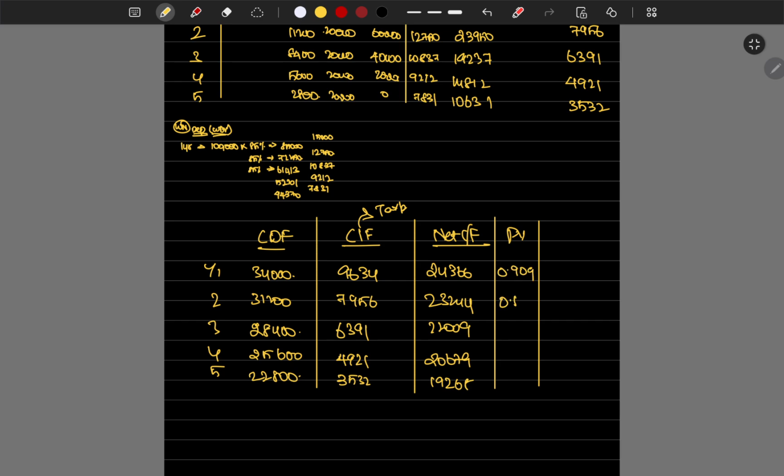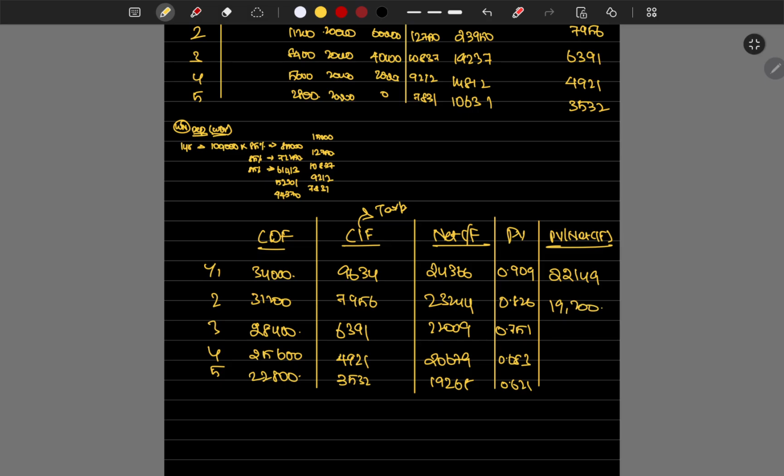PV factor. Okay, PV factor is how much? 0.909, 0.826, 0.751, 0.683, 0.621. PV of net cash flow is 24,366 into 0.909, which is 22,149. 23,244 into 0.826, which is 19,200.